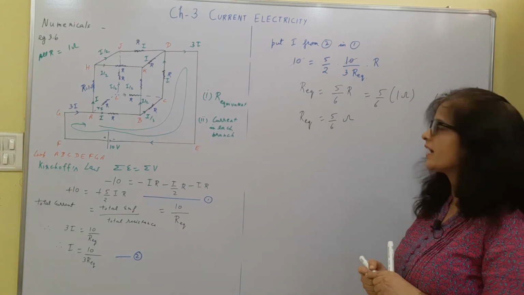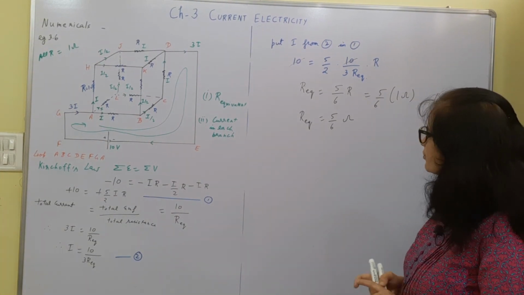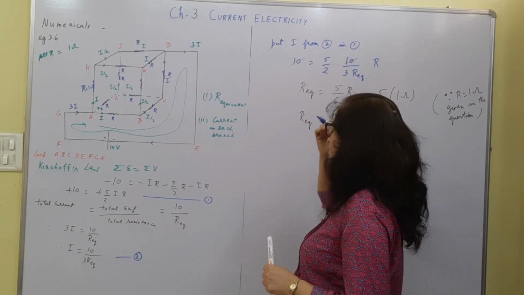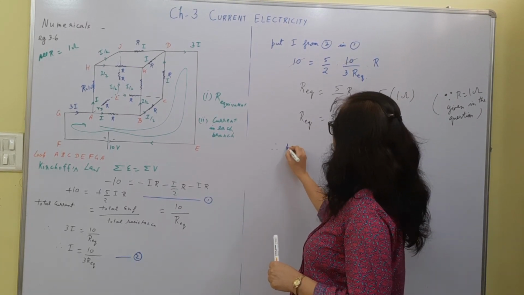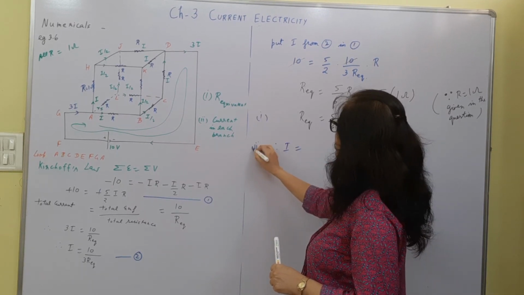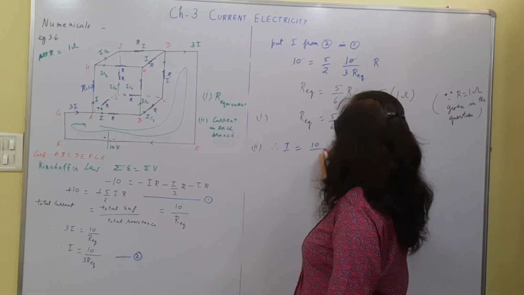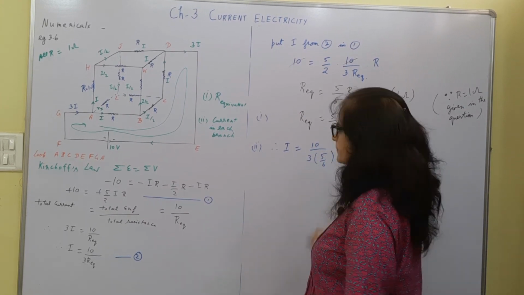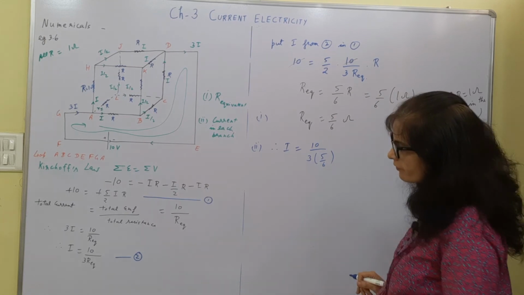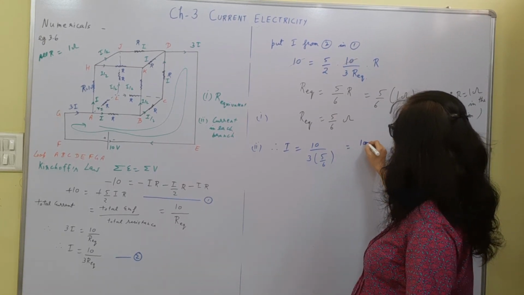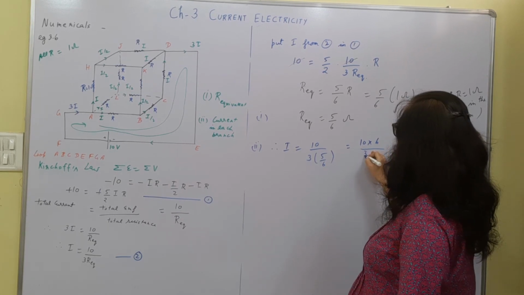So this is what we had to find. Next thing we have to find is the value of current in each branch. So for the second part, I is 10 upon 3 into 5 by 6, right? So is equal to 10 into 6 upon 3 into 5.